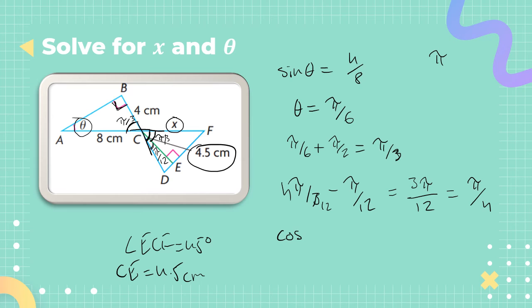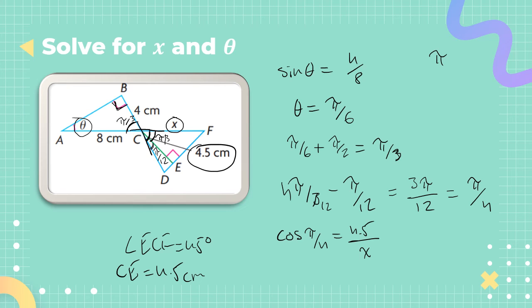So cosine of pi over 4 is equal to adjacent, so 4.5, over hypotenuse.